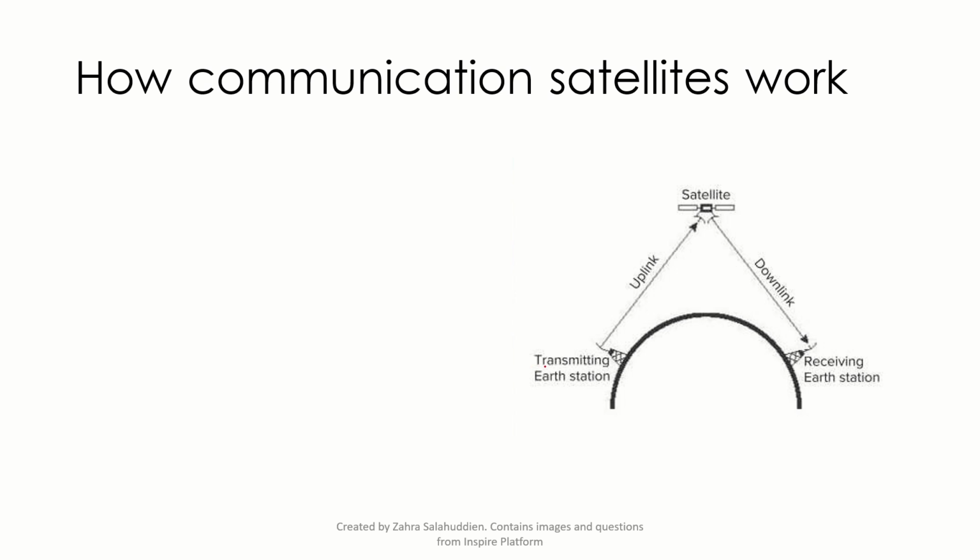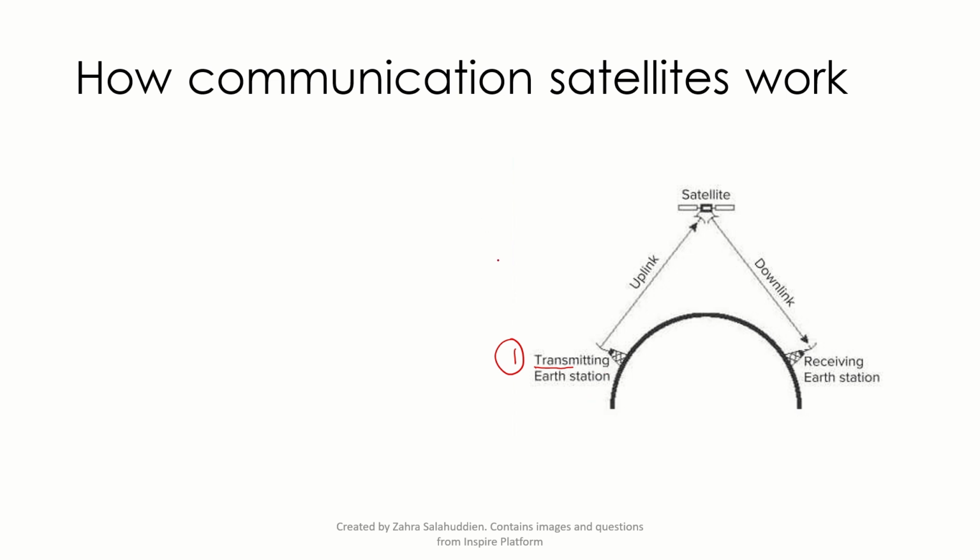Okay, so the first thing you have to know is this diagram. Okay, to send the message, I told you you'll see this word a lot. Transmit means to send. So transmitting station is where we send the message. So number one, when we want to send a message, we start by transmitting the message from Earth.